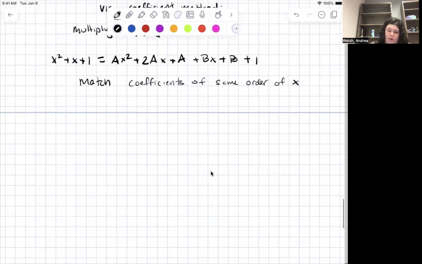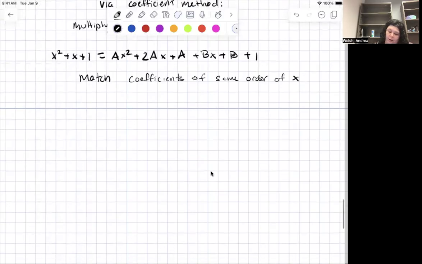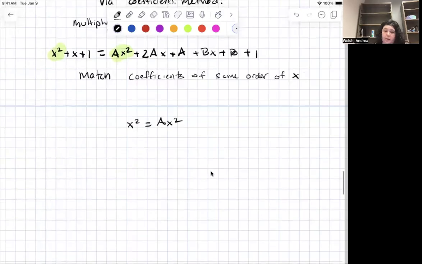So we want to make sure we match those. What do I mean by that? Well, we have x squared and ax squared. Those are the only ones that have an x squared in them. We have x here, we have 2ax, and we have bx. And I'll leave some room so I can solve some things.